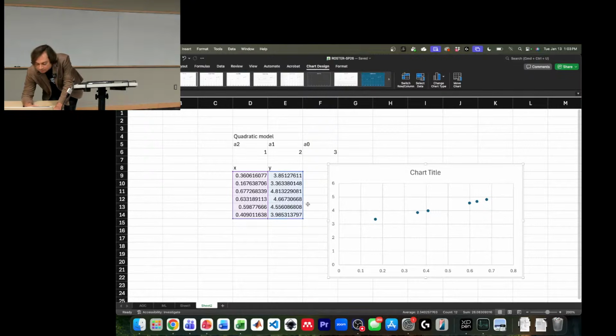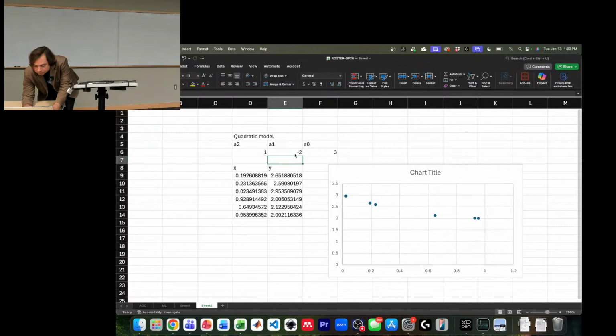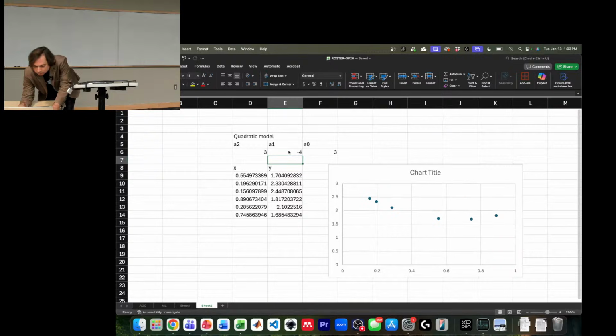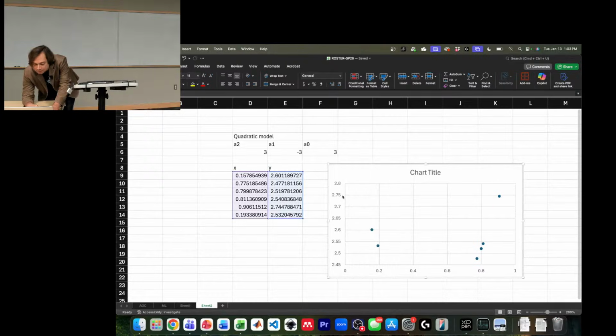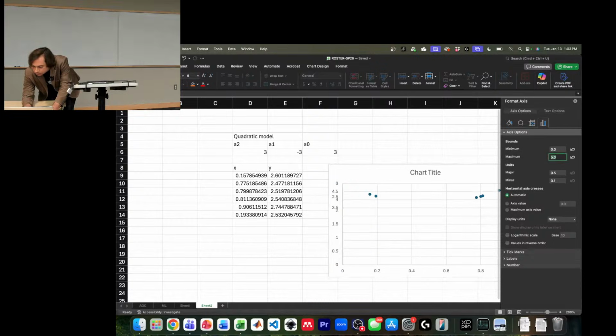There we go, there is our data. Okay, my friends, I don't like the values I chose, so I'm going to choose different values. Now we're talking. I'm just doing some magic right now. Now I'm going to make the axes not move around, going from 0 to 1 on x.